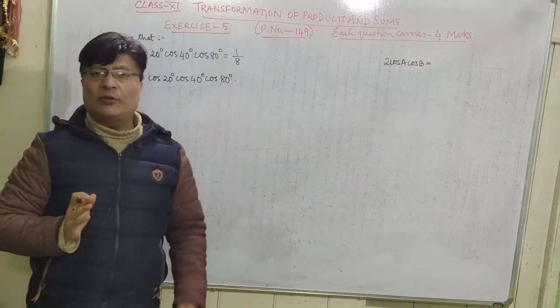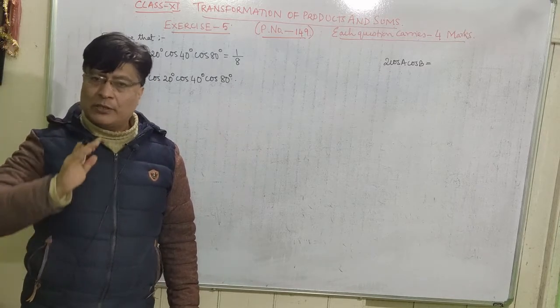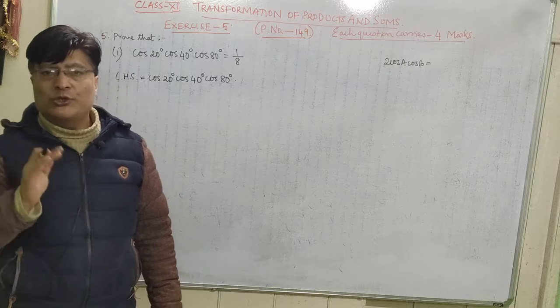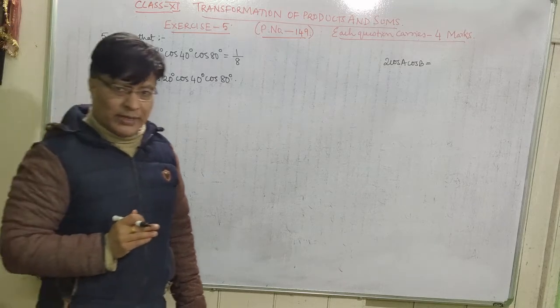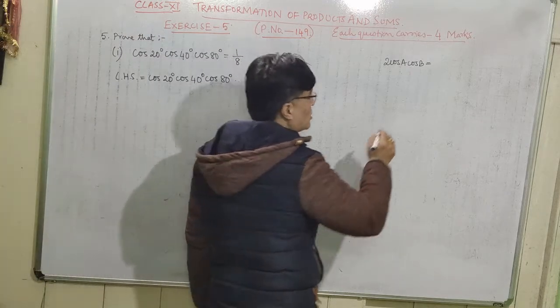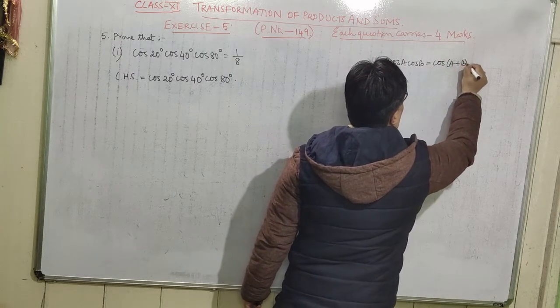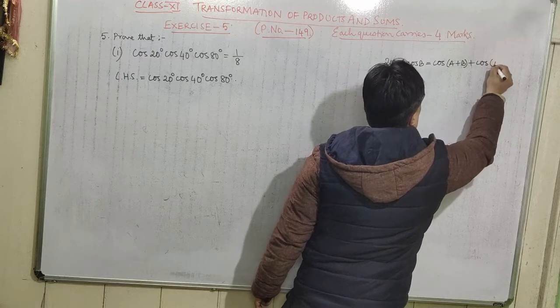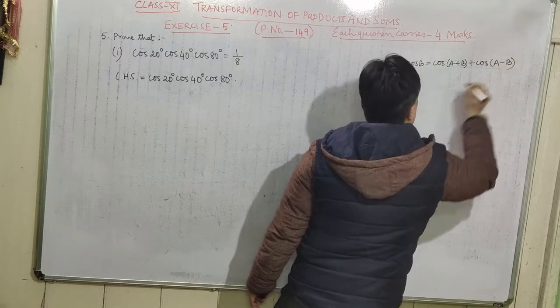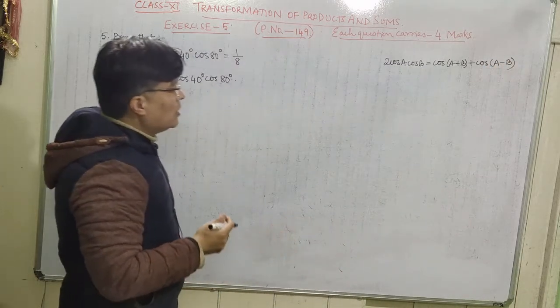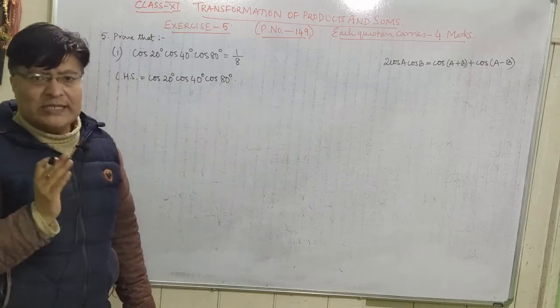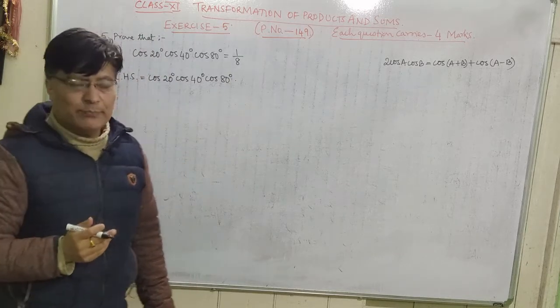This product should be converted into sum or difference, right? So what is the formula for 2 cos A cos B? It is cos of A plus B plus cos of A minus B. So greater angle you usually take as A and small angle as B.